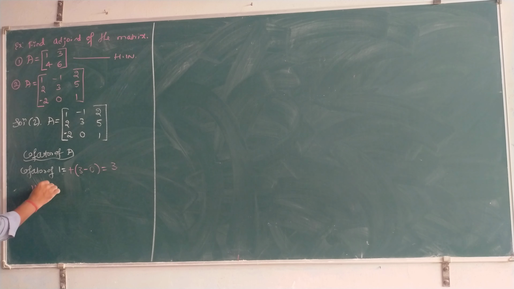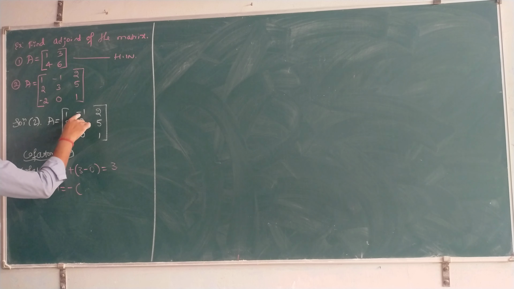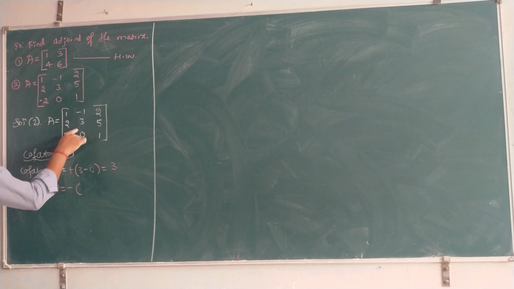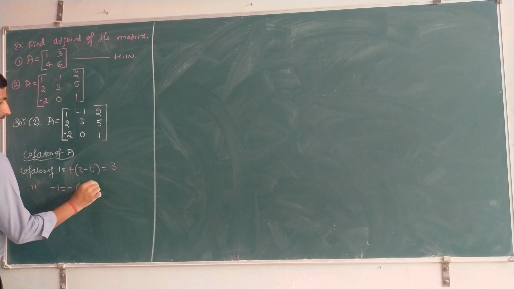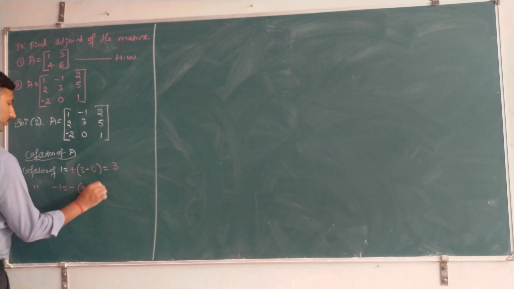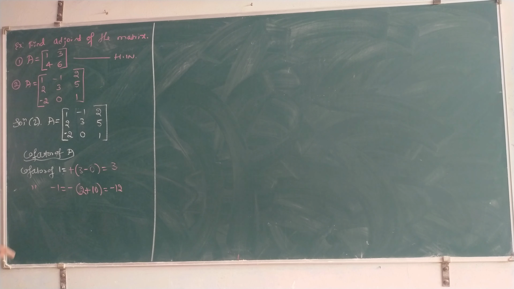Cofactor of minus 1, position is minus. You have to delete this row and this column. Correct? 2 ones are 2, 2 fives are 10, minus, which is equal to minus 12.